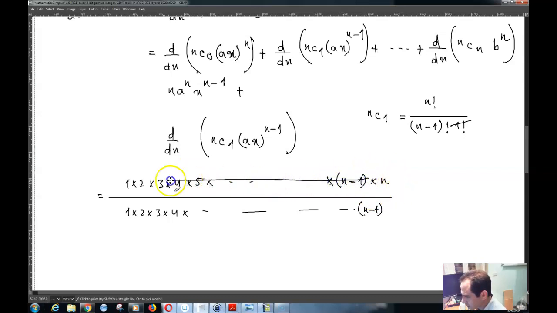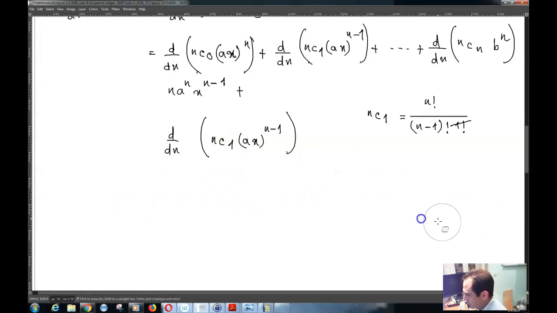And then you can cancel out all of these things together. And so n combination 1 would therefore be n. So you can write this as d by dx of, instead of n combination 1, n a raised to the power n minus 1 x raised to the power n minus 1.